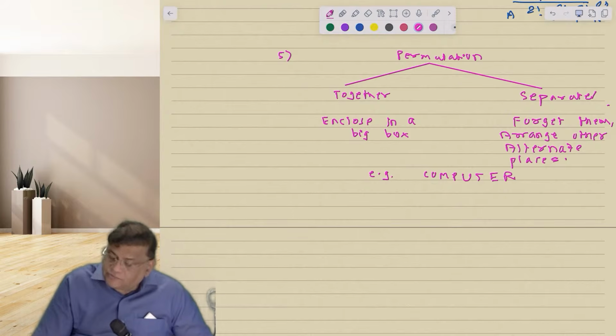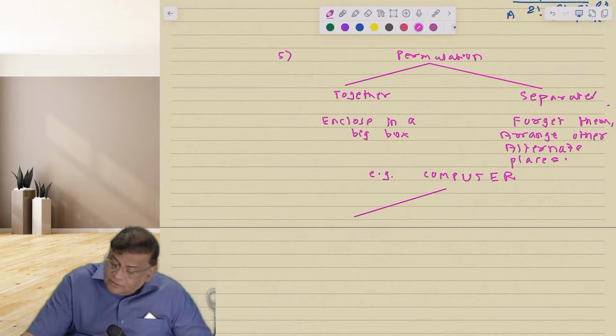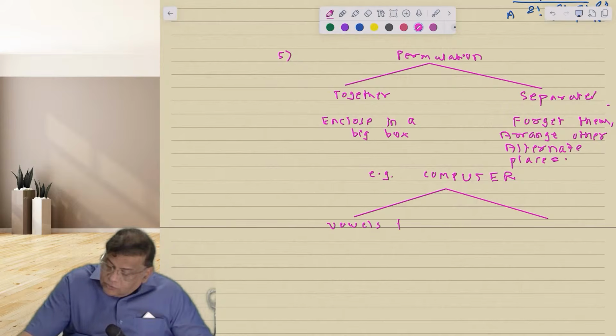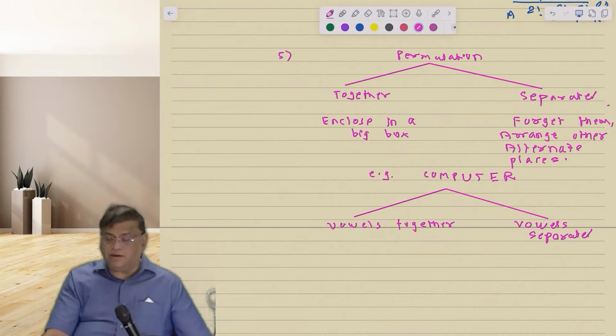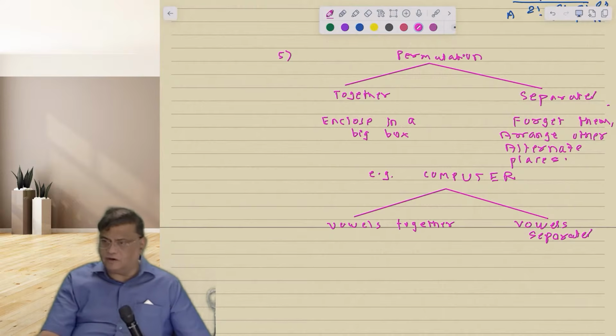And there I say that the vowels together, vowels separated. Mind well, it's the same chapter, same revision that we are doing at present that you will require in foundation also next year. Next year means coming year.